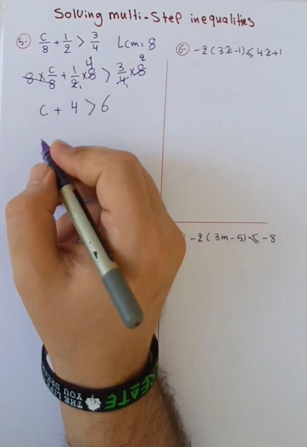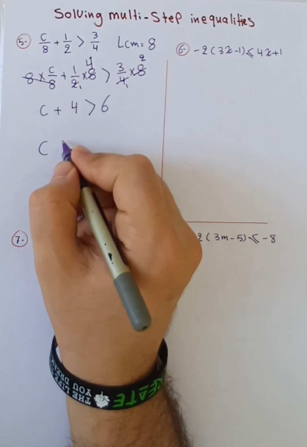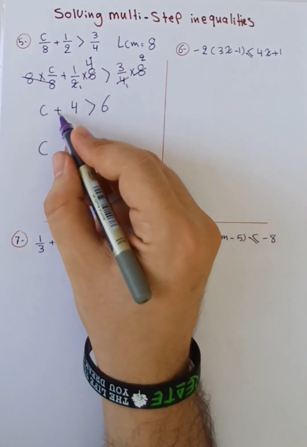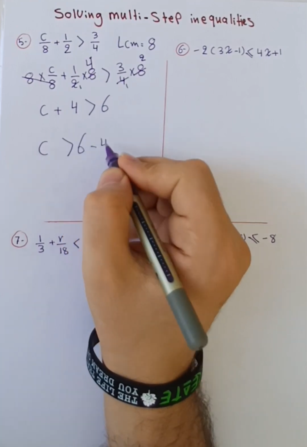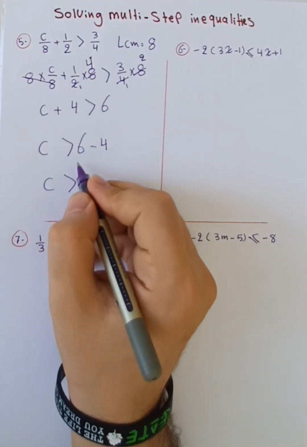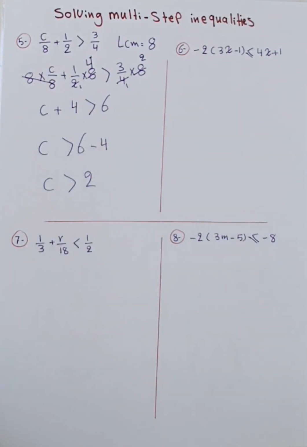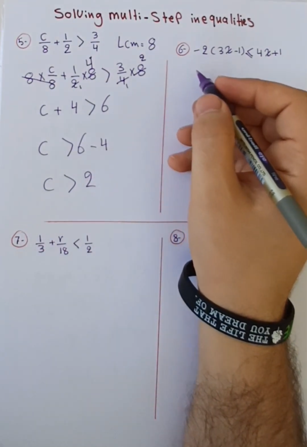After that, you can combine the like terms. We have c greater than 6, we have to change the place of positive 4 to become negative 4. c greater than 6 minus 4 is 2. c greater than 2.